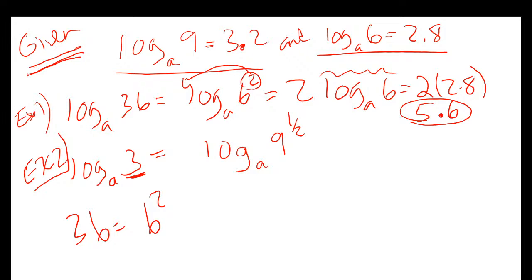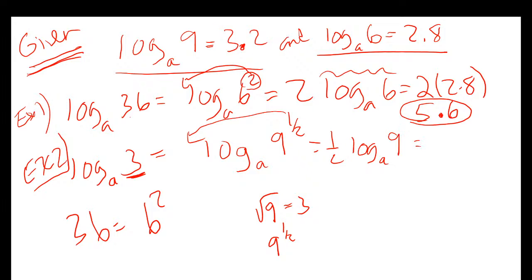The square root of 9 is 3, and the square root is 9 to the 1/2. So what happens to the 1/2? It goes out front, becomes 1/2 log A 9, and what do you get? 3.2 divided by 2 is 1.6.